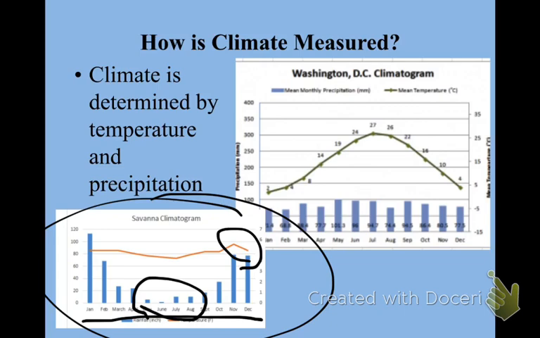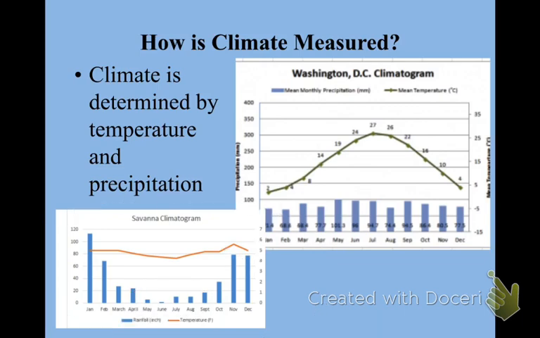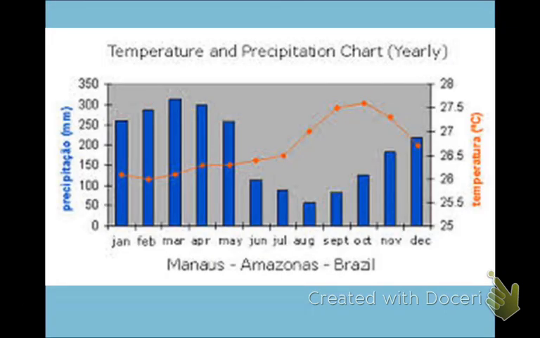The one thing I really want to stress about these climatograms is you have to read the graph. Sorry, this picture's so blurry, but say I ask on a test question, what was the temperature in October? Well, you come over here to October, and you could come up to where the line graph is and see where this number is.